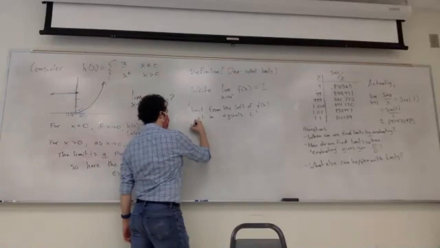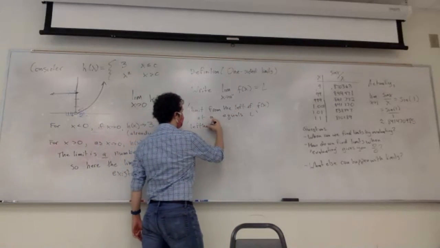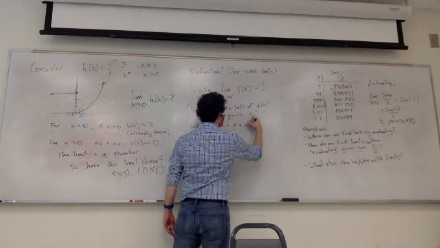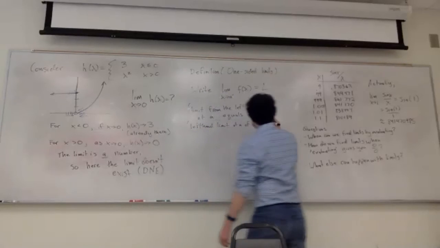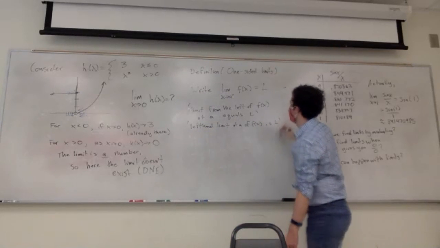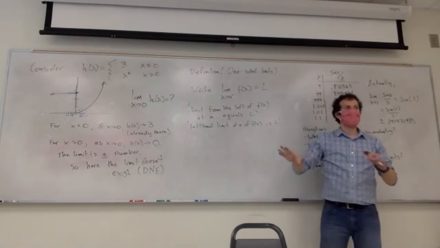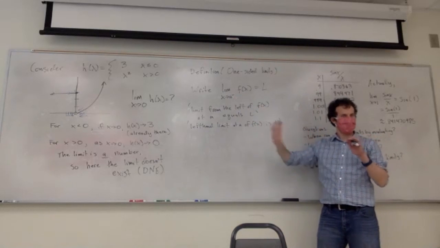Also sometimes called the left-hand limit at a of f of x is L. So from the left, and this negative is supposed to tell you on the number line, negative direction is to the left.